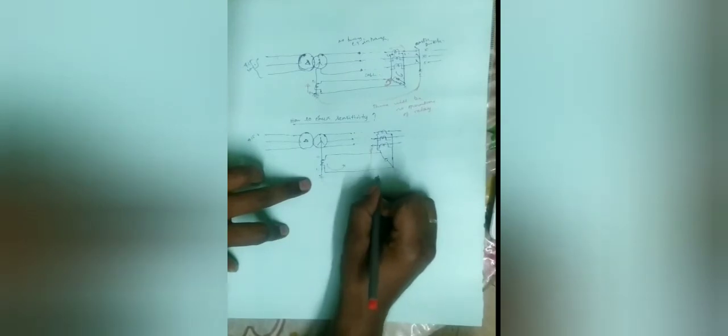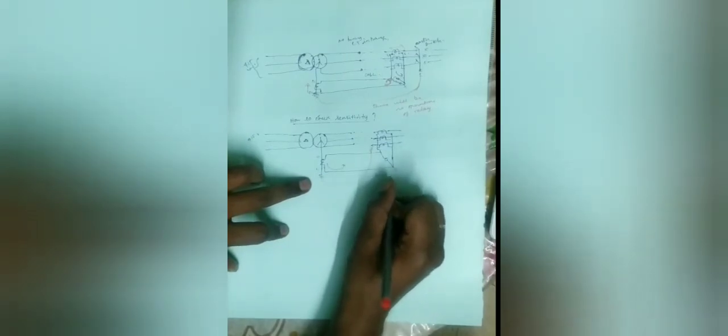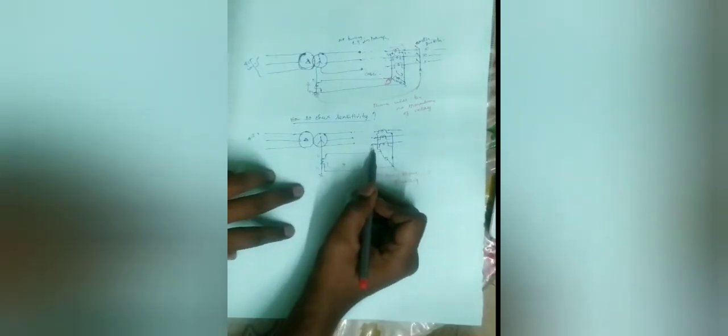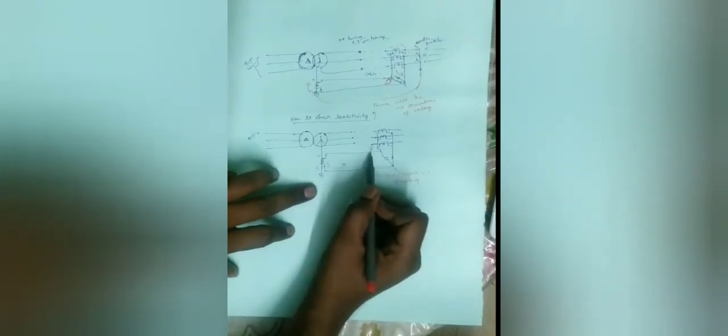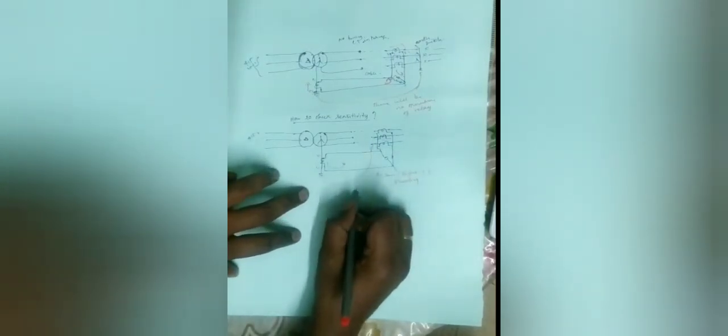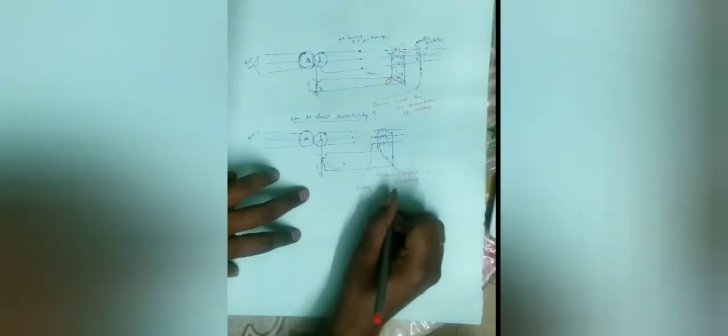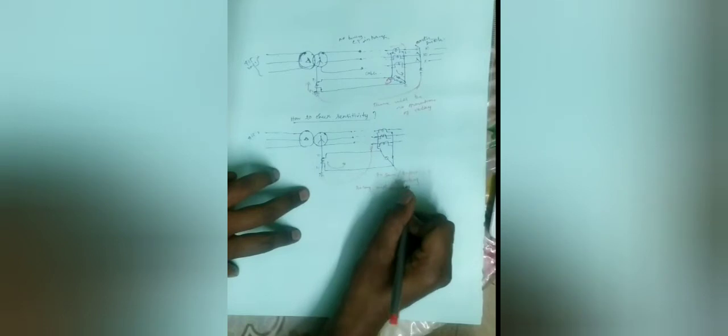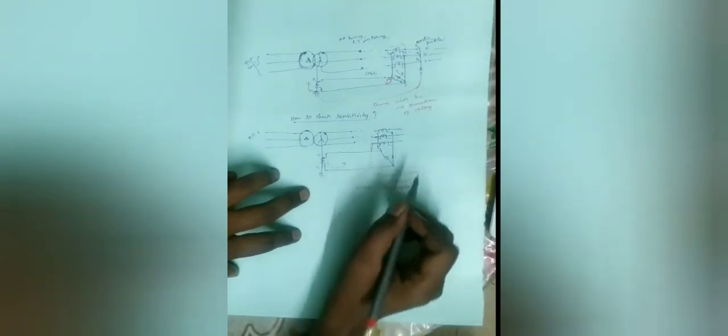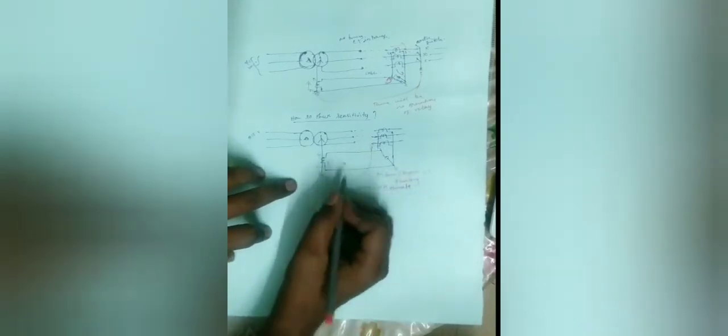This is in zone, or before the CT. If you short with a looping cable, then also the current will flow through the relay and the relay will operate.